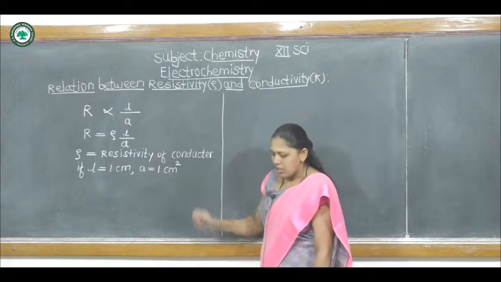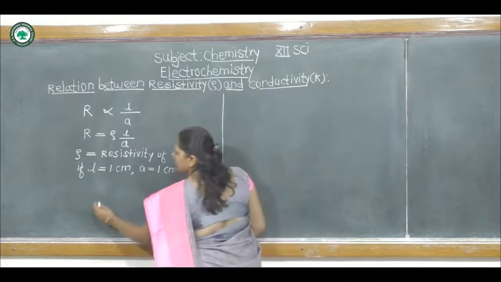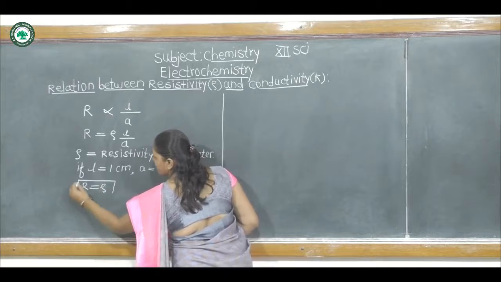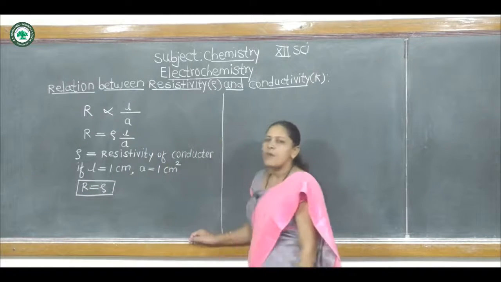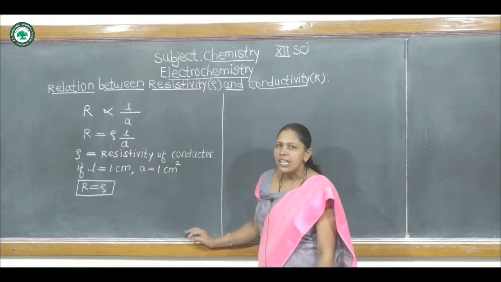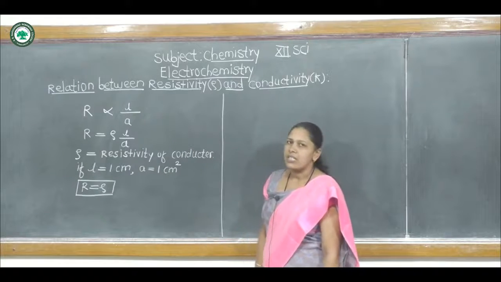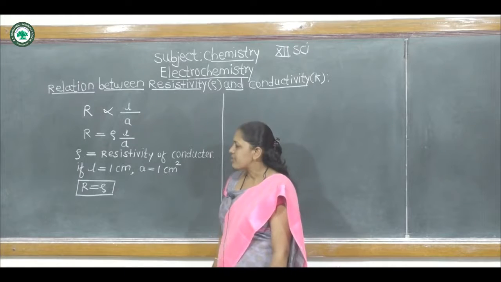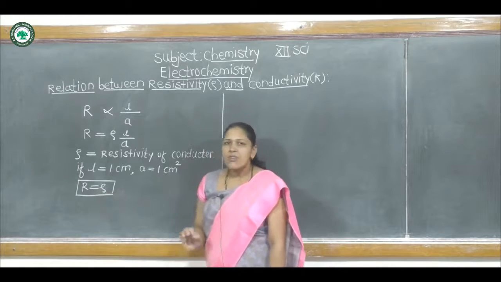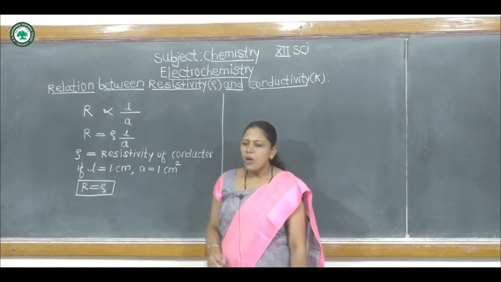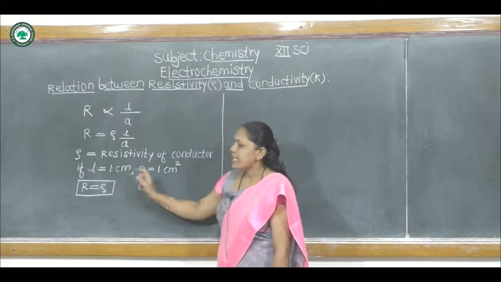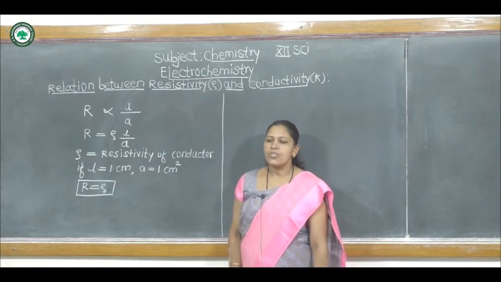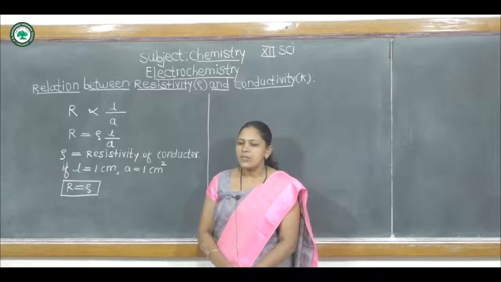Substituting in the above equation, R is equal to rho. From this equation, we can define resistivity. Resistivity is the resistance of a conductor of unit length and unit area of cross section.